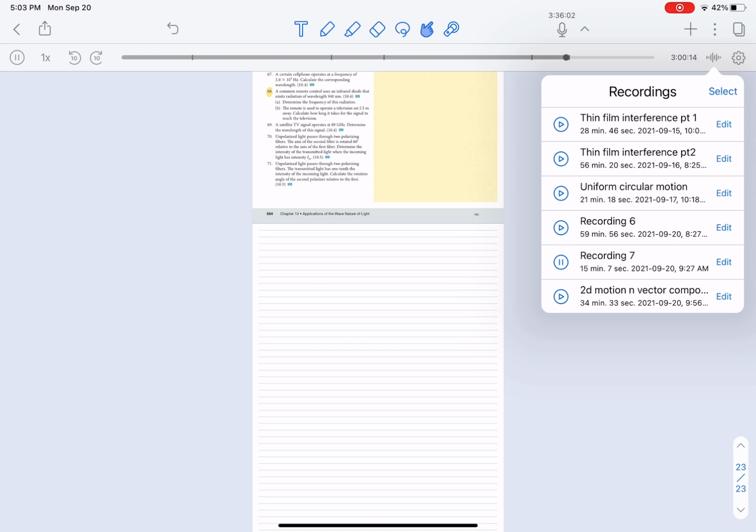Alan? Can you do the example by using a different method? Yes, for sure. I didn't solve it that way. I instead just used the equation VF squared equals VI squared plus 2A delta D, which is the same one there, yeah? I was essentially solving if D was equal to 400 meters.